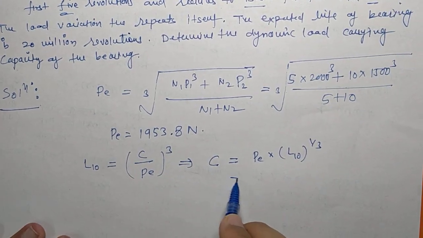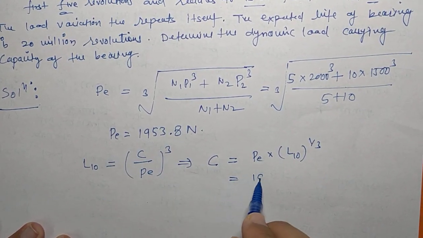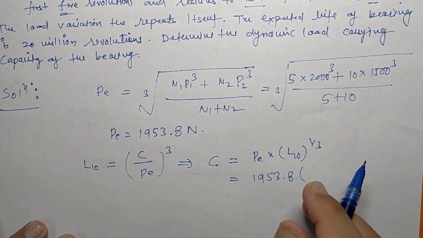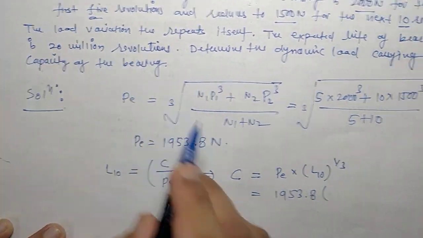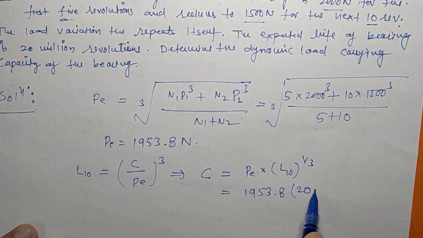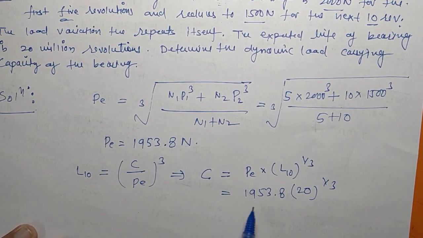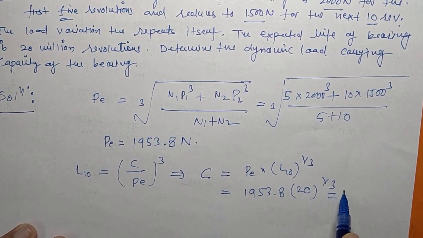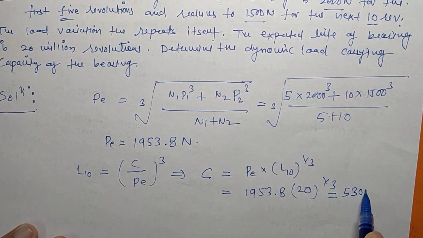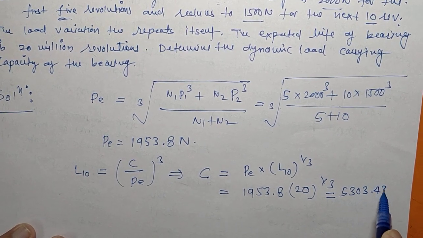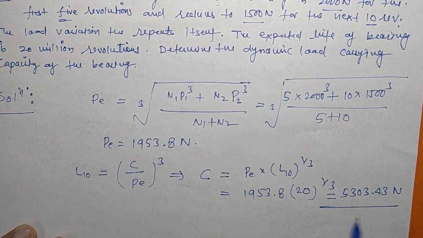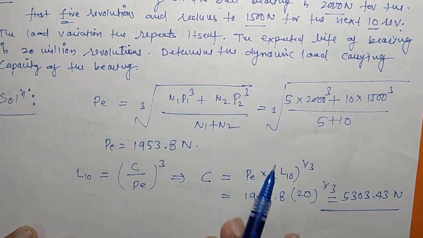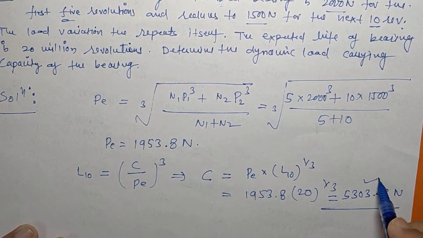P equivalent is 1953.8, and L10 life is given as 20 million revolutions. So this is 20 raised to power 1 by 3. If we solve this, this would be 5303.43 Newton. This is the dynamic load carrying capacity for this particular bearing. So this is our answer.